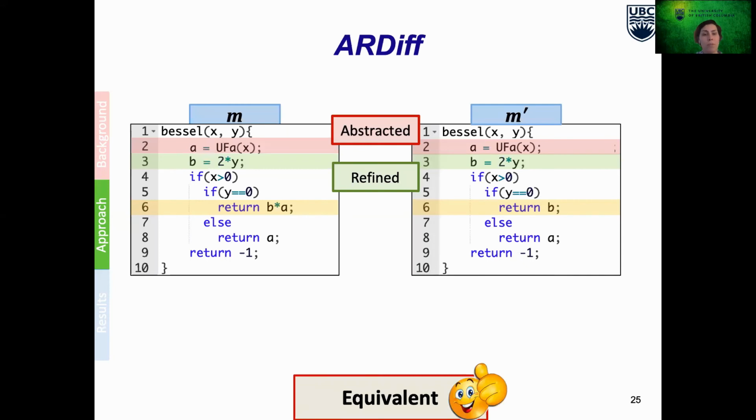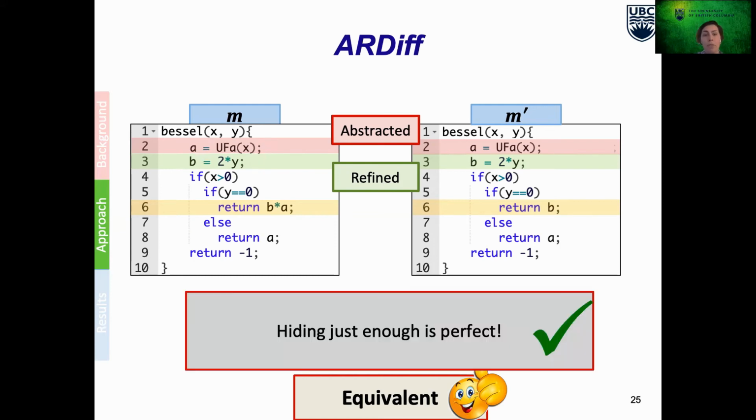Back to our example, even though both red and green lines were abstracted in the first iteration, applying heuristics 2 and 3 results in refining the statement in the green line while keeping the statement in the red line abstracted. Thus, we can establish the equivalence by just hiding and exposing enough information.